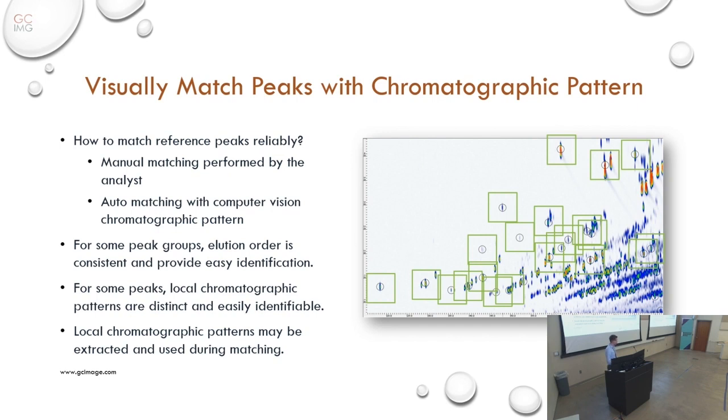That's similar to what would be done manually by an analyst in the absence of spectral data. You would just rely on pattern matching to identify the correspondence between these peaks. So if we can automate that same logic, that would be very useful.